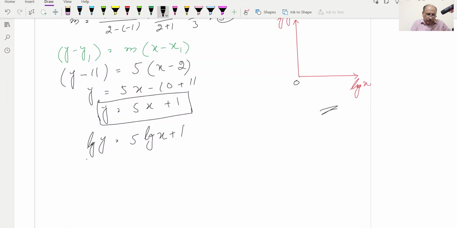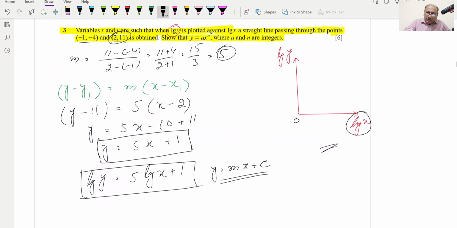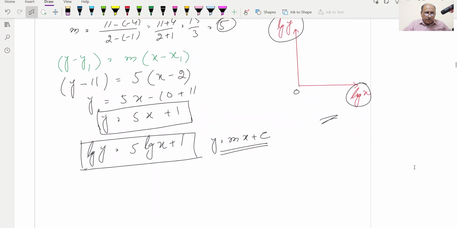So this will be in y is equal to mx plus c format in case we are having log x as x coordinate and log y as y coordinate.